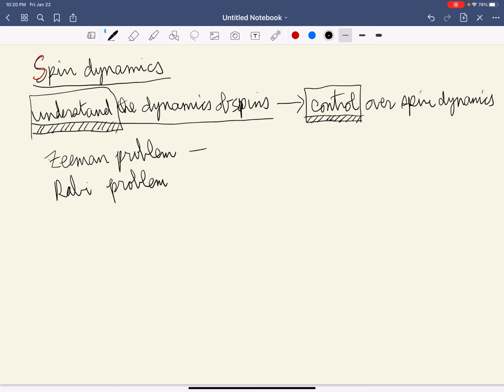Roughly speaking, the Zeeman problem is when the external magnetic field is static, namely the field direction and strength do not change over time, whereas the Rabi problem is the case where this is dynamic.